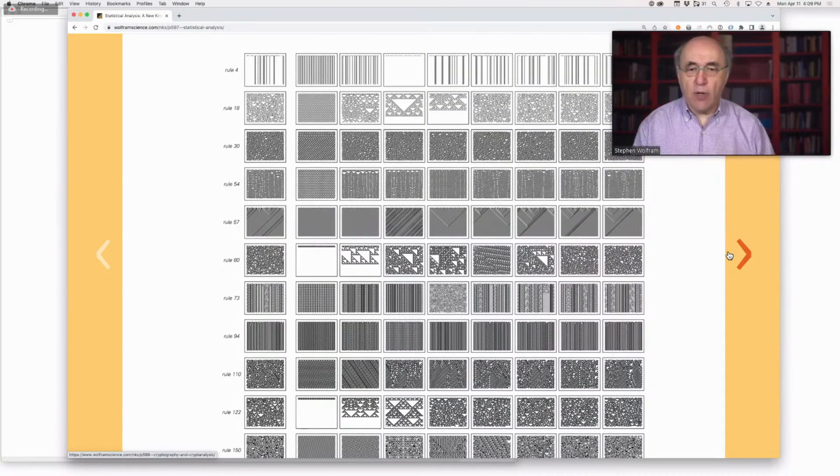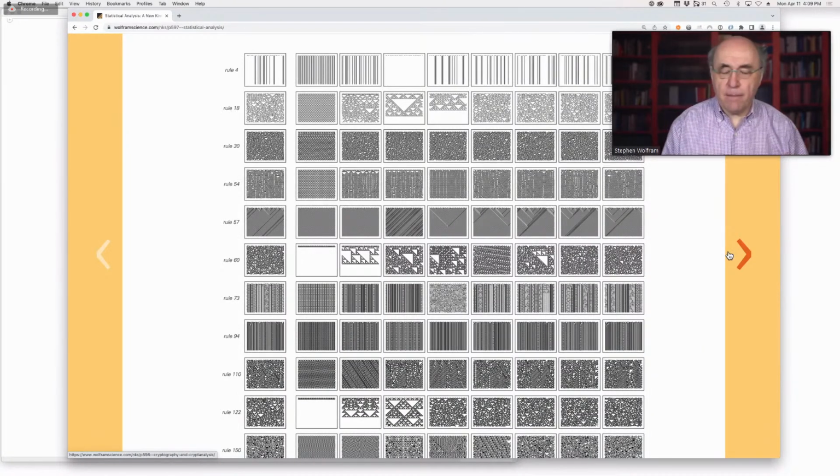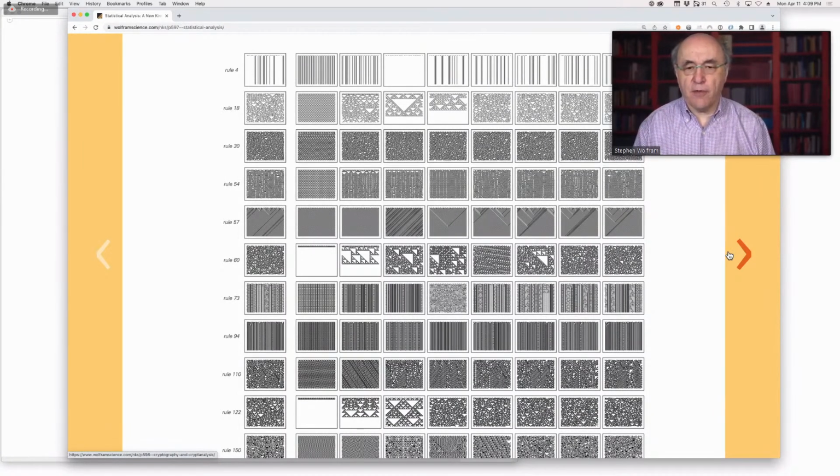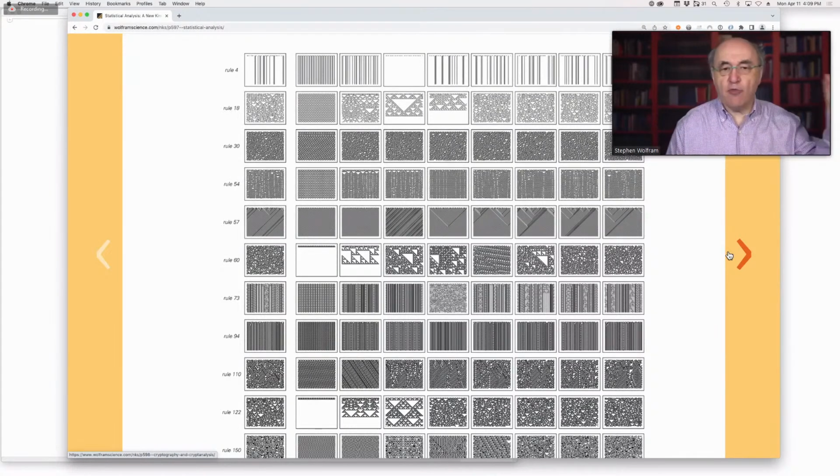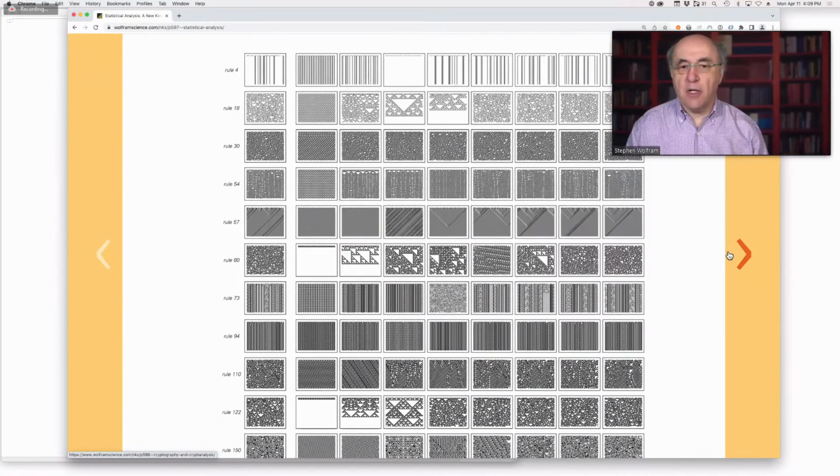Let me put it a different way. One question for statistics is, you take some data, you apply some rule to it. Like you say, let's calculate the average number of black and white cells, or let's calculate the lengths of runs of black and white cells. Each one of those tests, you could say, does it come back saying that the result is just like it would if every bit was picked at random?